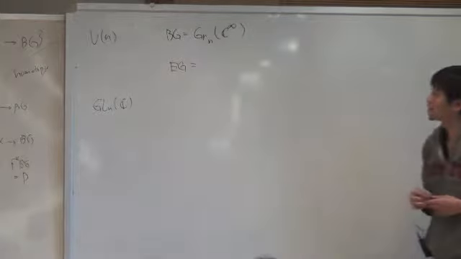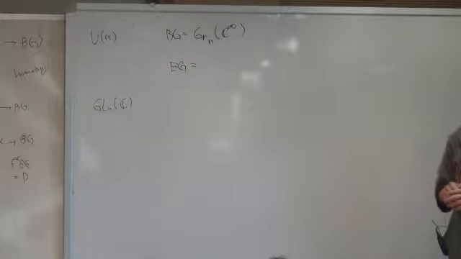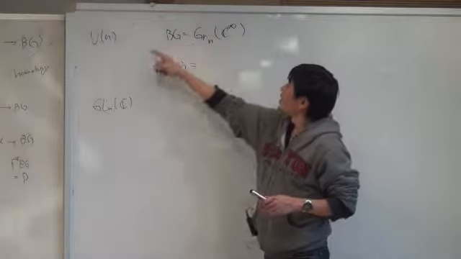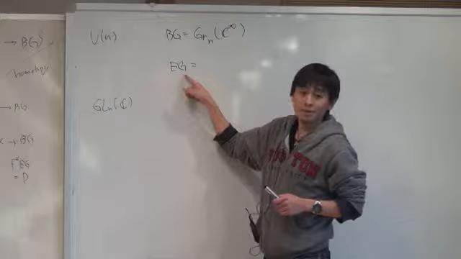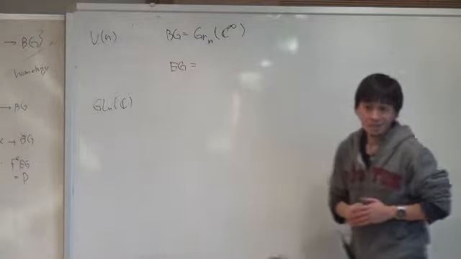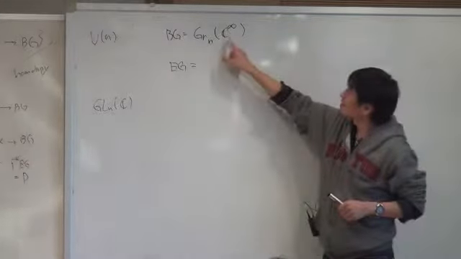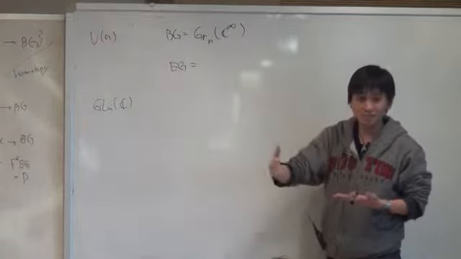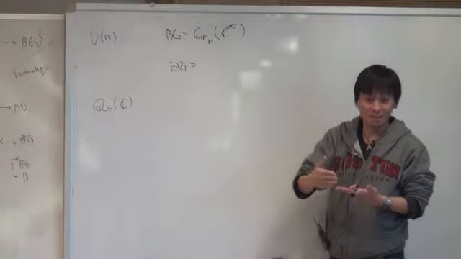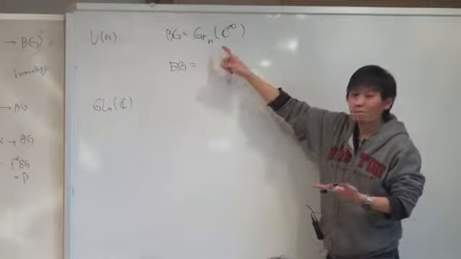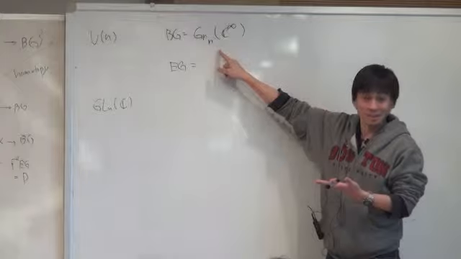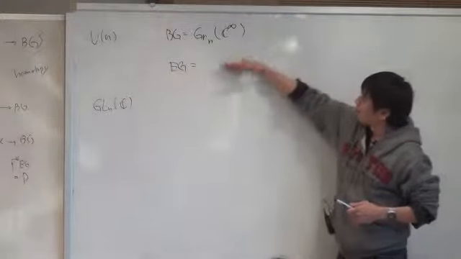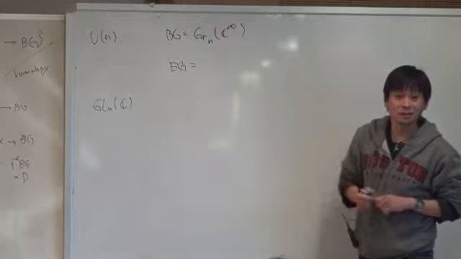Yeah. And what should this universal bundle be over this infinite Grassmannian? The fiber of this principal bundle should be the unitary group. Basically, you have a natural Hermitian metric on this C infinity. So when you have an n-plane, you take an orthonormal basis. And on the set of orthonormal bases of an n-dimensional plane, UN acts freely. So that gives you the principal G bundle over this infinite Grassmannian.